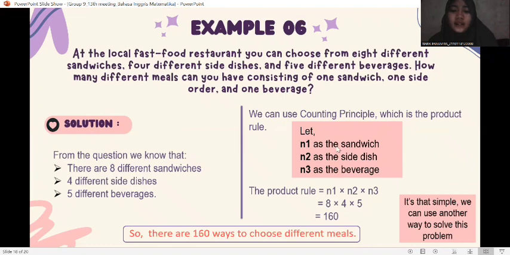Let N1 be the sandwich, N2 the side dish, and N3 the beverage. The product rule is N1 times N2 times N3. So 8 times 4 times 5 equals 160. It's that simple. We can use another way to solve this problem in the next slide. So there are 160 ways to choose different meals.